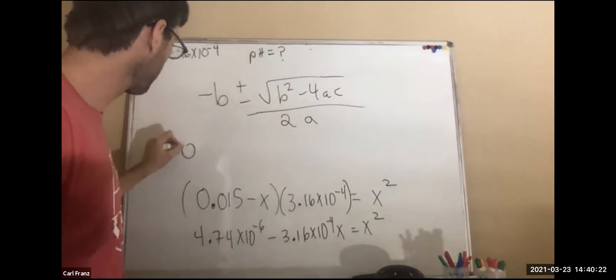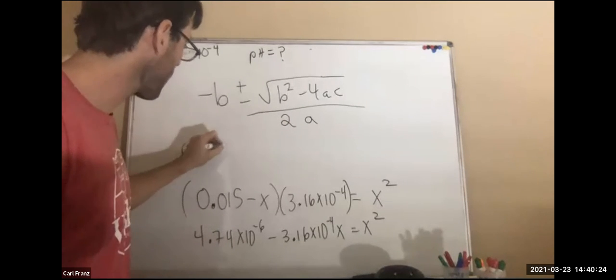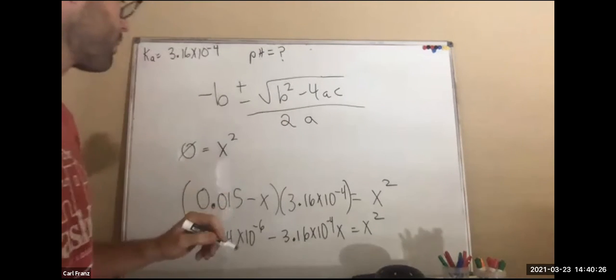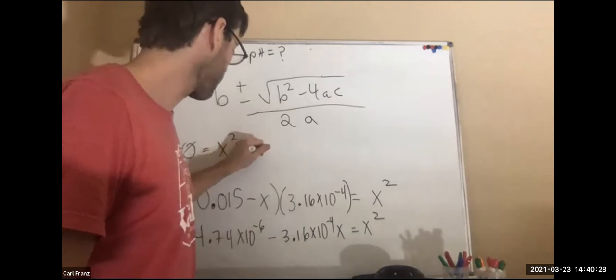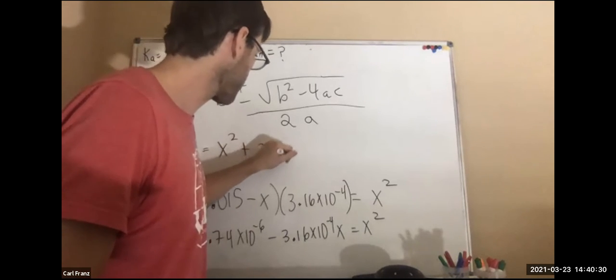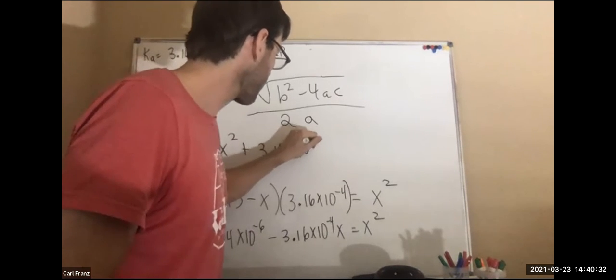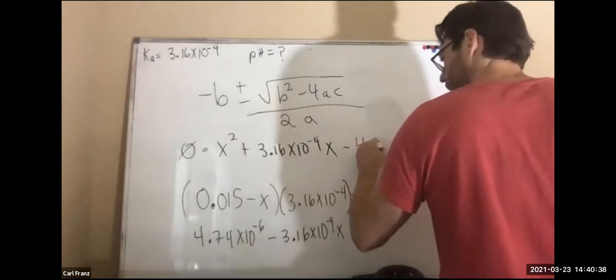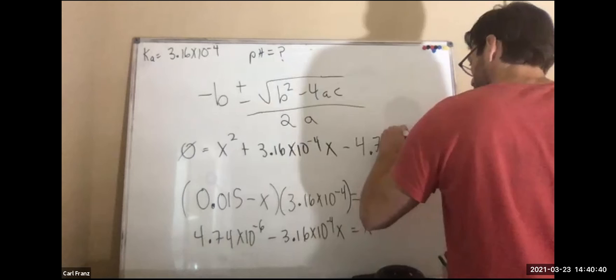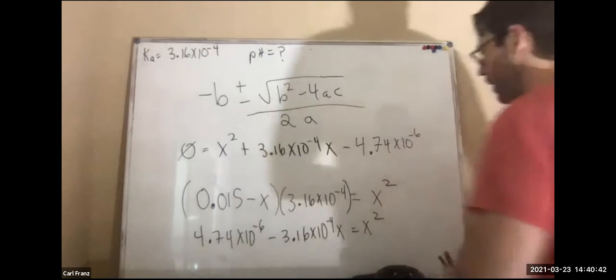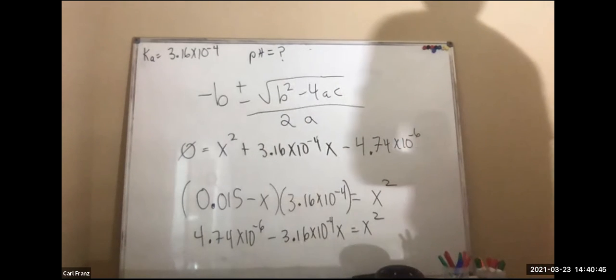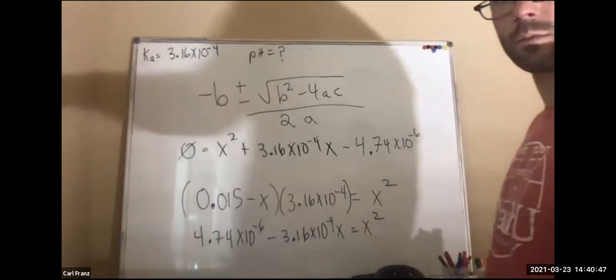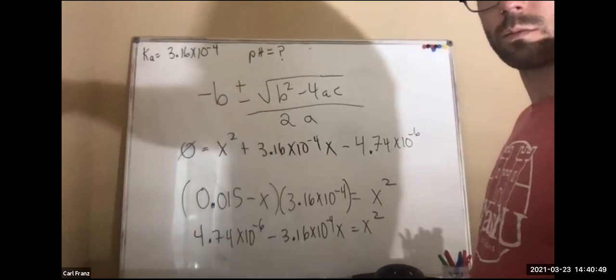So 0 equals x squared plus 3.16 times 10 to the negative 4 x minus 4.74 times 10 to the negative 6. Did I do that right? Yes. Okay.